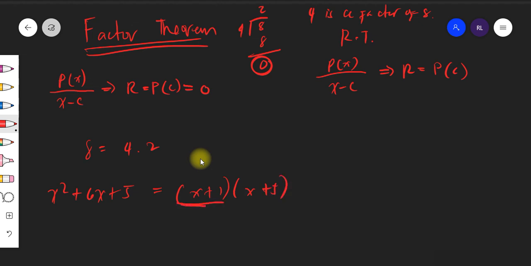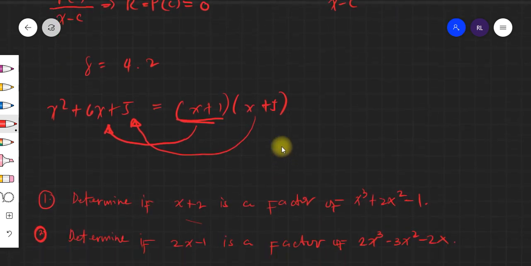So x plus 1 is a factor of this polynomial, and at the same time x plus 5 is a factor of this polynomial. That's basically the idea of factor theorem. It tells us whether a linear divisor is a factor of a polynomial or not.